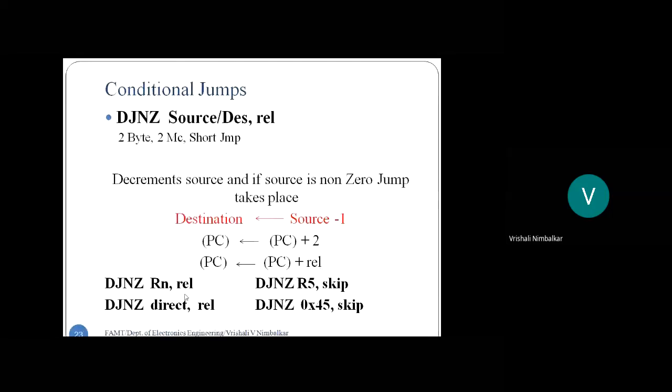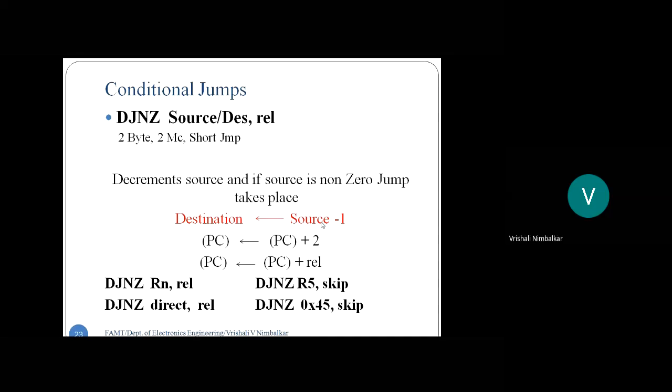There are two ways to write DJNZ. DJNZ Rn comma relative number, where Rn is the R0 to R7 register. Example: DJNZ R5 comma some label. Instead of writing relative numbers, we write a label. So first the decrementing happens: R5 minus 1 and the number is stored back in R5.